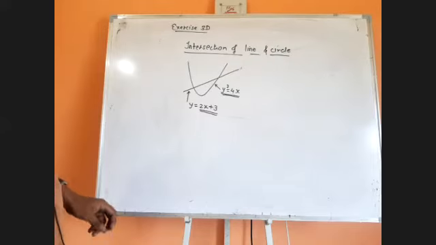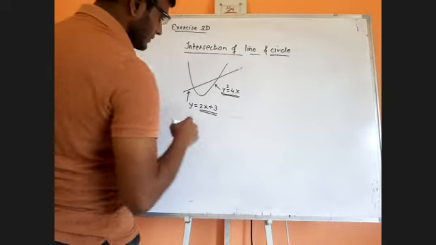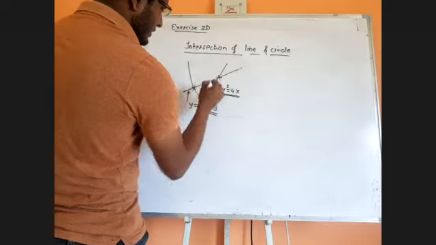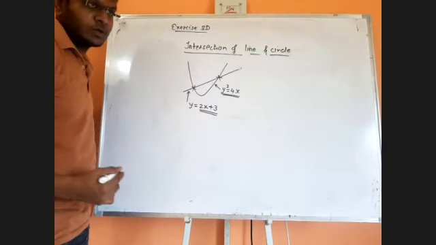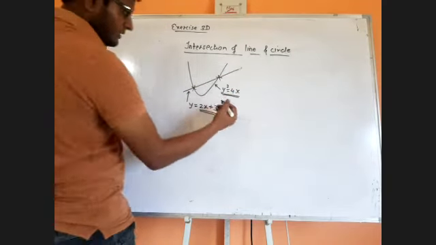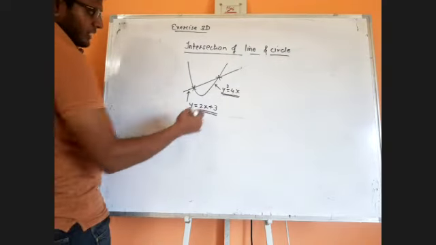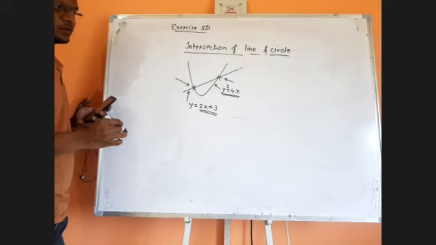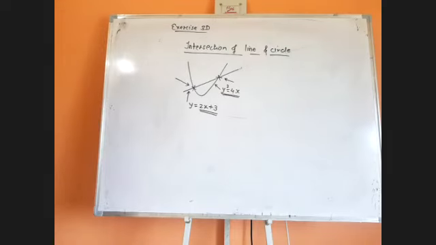In order for this to intersect, you used to get a quadratic equation which has two roots. If you solve this simultaneously, you will be getting two roots, and one point will be this, and another point will be this. This is how we used to solve the intersection of line and parabola.